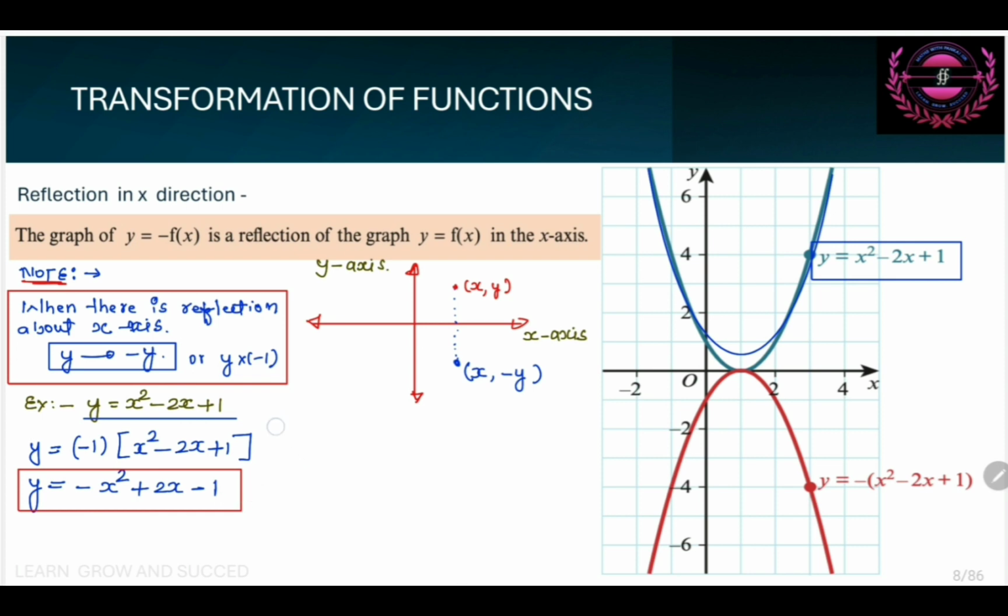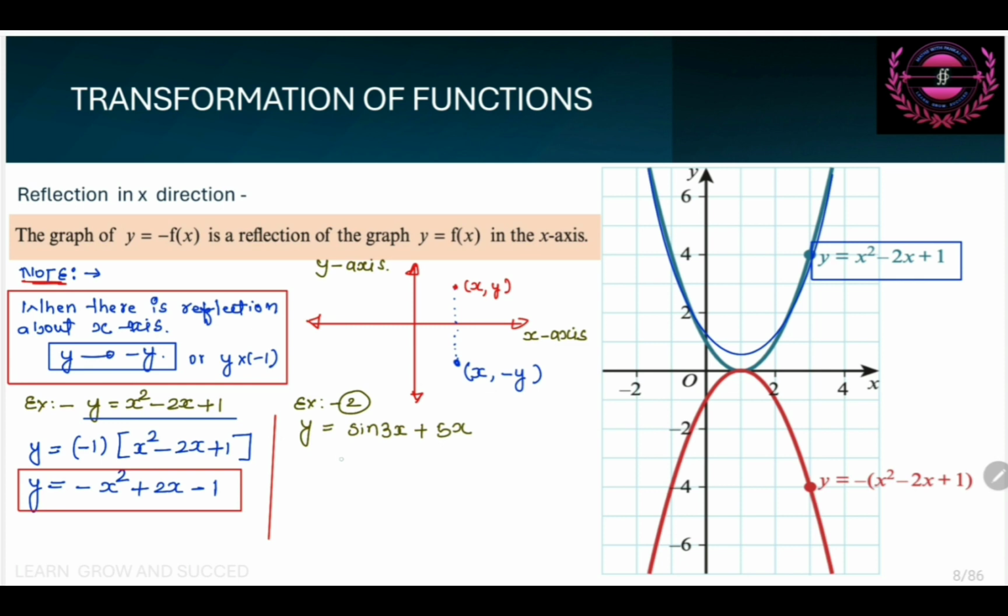Now let us understand this with another example. y equals sine 3x plus 5x.